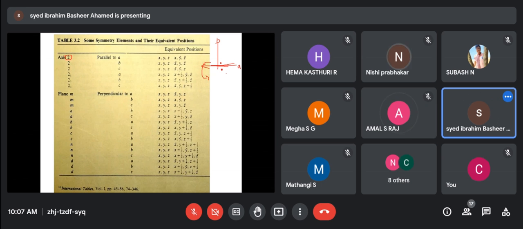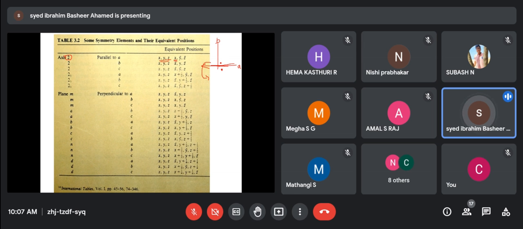Yes, sir. So assume the coordinate of this is x, y, z. I am rotating 180 degrees. The coordinate will not change only for x, whereas for y and z it will change, which is indicated by y bar, z bar, because the rotation axis is parallel to A only.